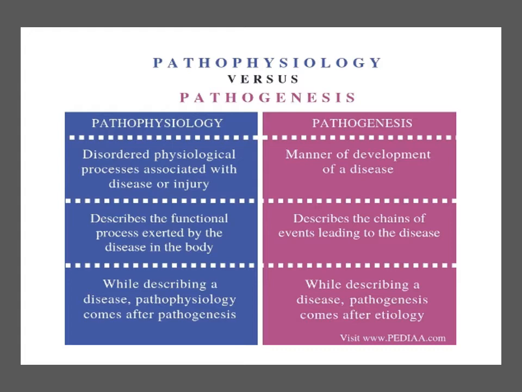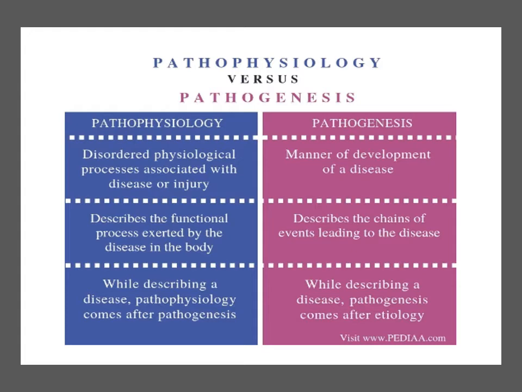Is it an autoimmune disease, meaning the body's own response is affecting the lungs? Or is it from pollution? Is it a genetic inheritance type condition? Pathogenesis tells you how a particular disease develops. It also describes the chain of events that lead to a disease.